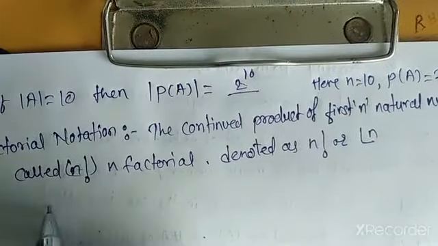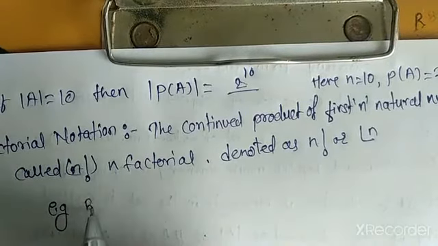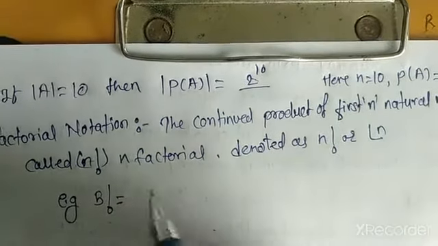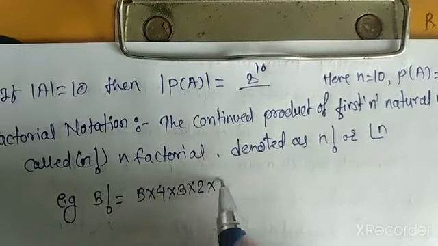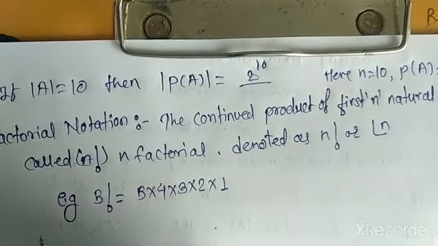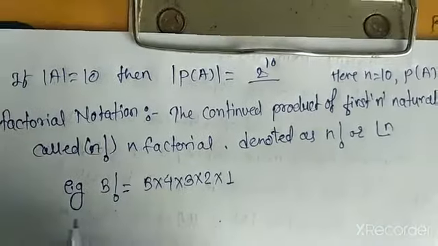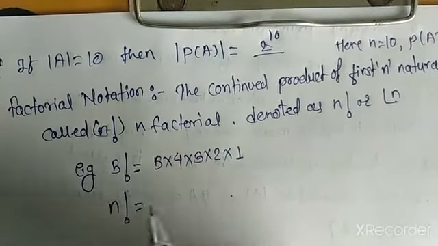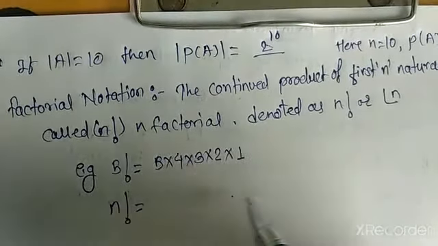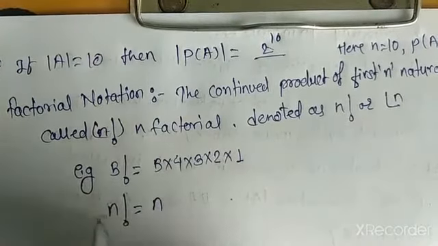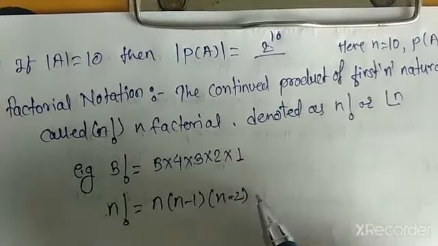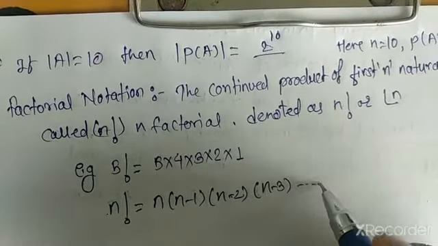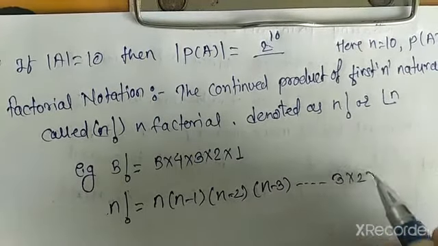For example, if we have to write 5 factorial, it will be 5 into 4 into 3 into 2 into 1. Similarly, n factorial is written in descending order. First start from n, after that n minus 1, after that n minus 2, n minus 3, and up to 3 into 2 into 1.